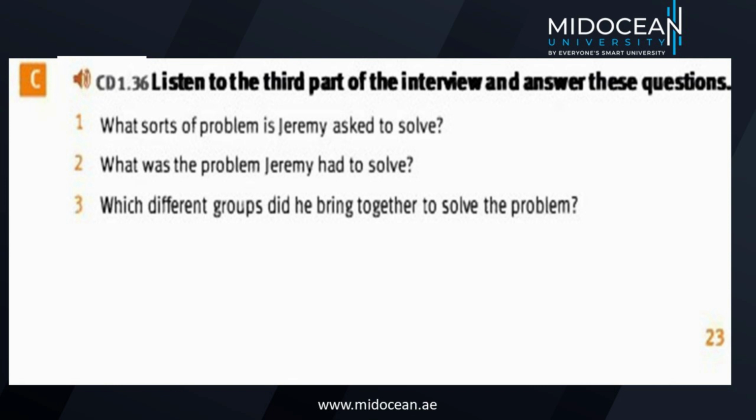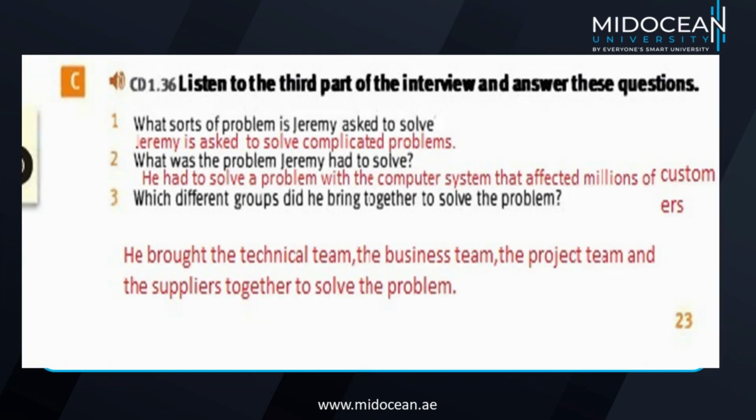At the last moment, a problem arose that affected the whole system. I brought the technical team, the business team, the project team, and the suppliers together in one room, and by understanding the whole problem and by understanding each other's individual problems, we came up with a solution that solved the problem altogether.